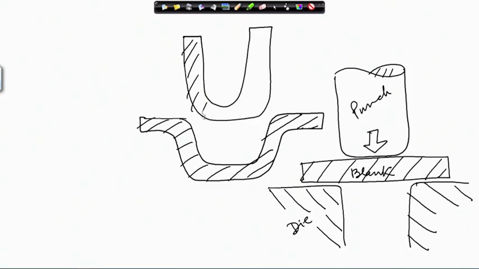At that time the internal shape will correspond to that of the punch outside shape. It will be a conjugate of that surface, and the outside diameter will correspond to the inside diameter of the die.